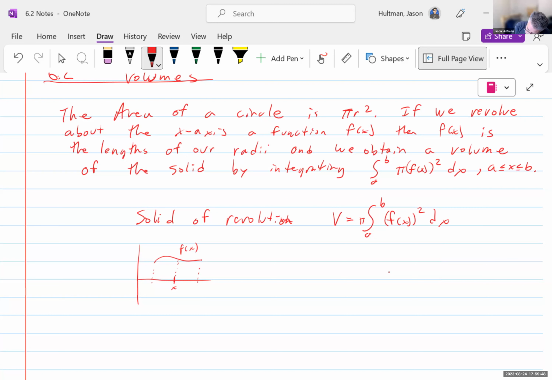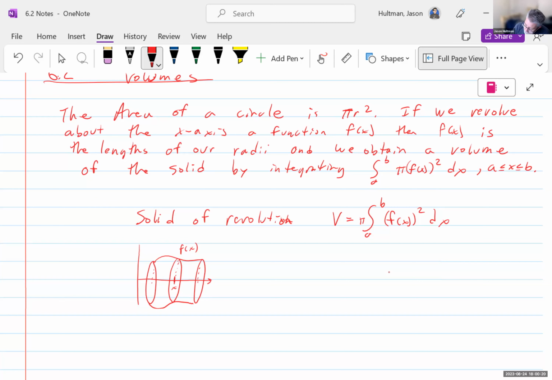If I revolve it around the x-axis, I get a bunch of varying circles. And when I sum all of those circles up with their various radii, I will get the volume of the solid of revolution.